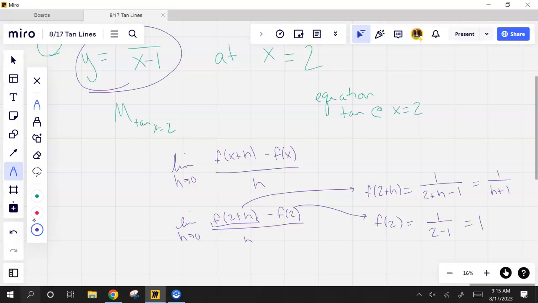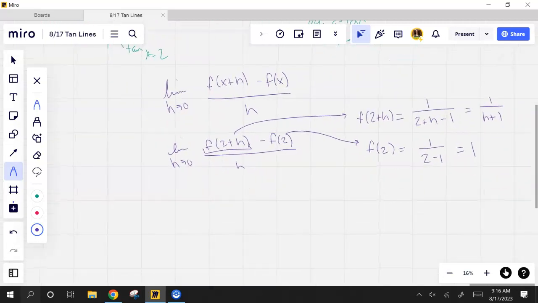So now I'm going to put those in my equation and start manipulating and see what happens. So I'm doing the limit as h goes to 0. f of 2 plus h is 1 over h plus 1, minus f of 2 is 1, and everybody goes over h.